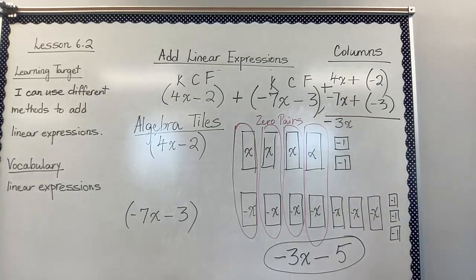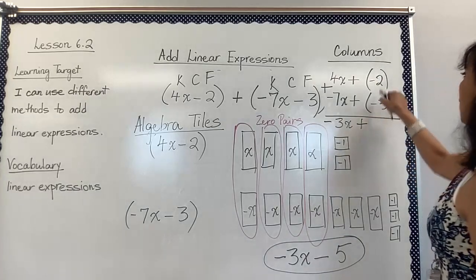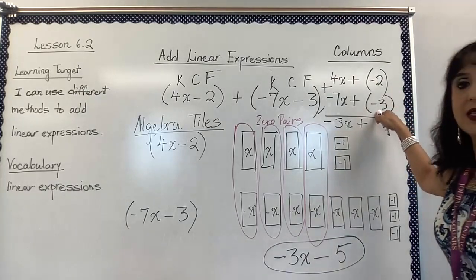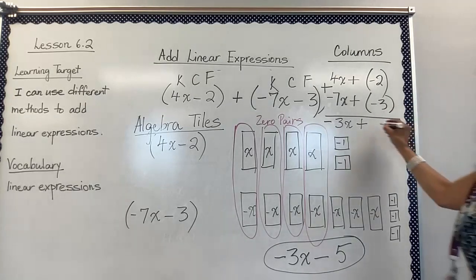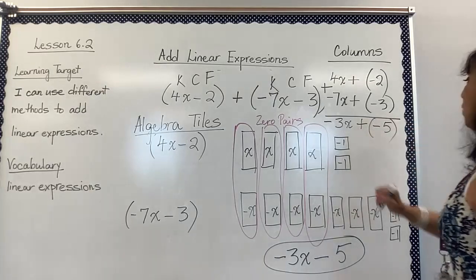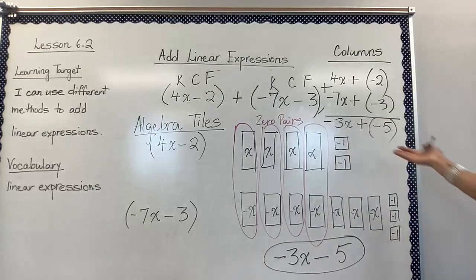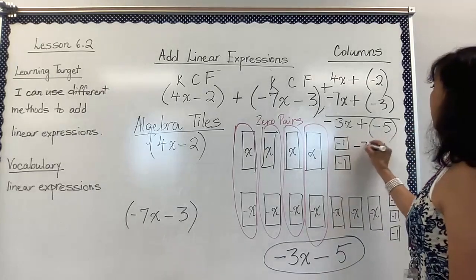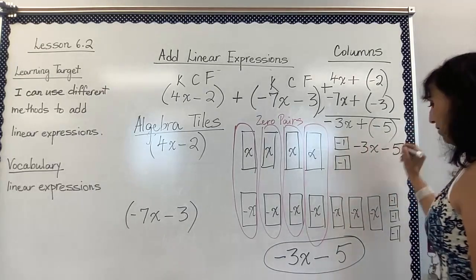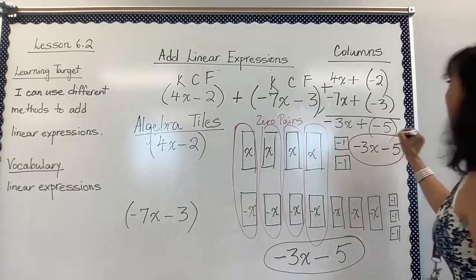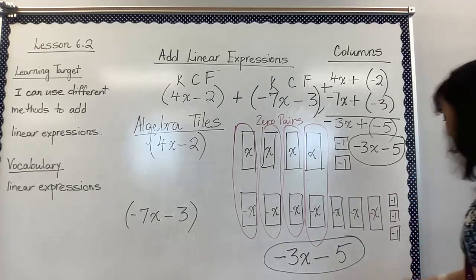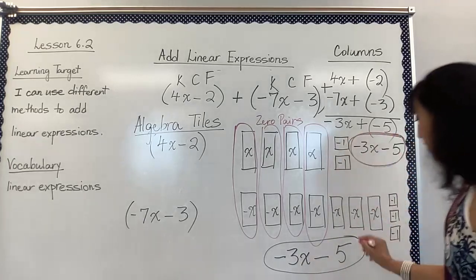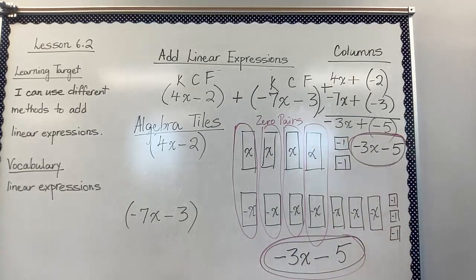And then I have plus, since both negative 2 and negative 3 are the same sign, we are going to add them, and that becomes negative 5. So this is the same thing as negative 3x minus 5. Whether I do it in columns method or use algebra tiles, the answer is exactly the same. So both the methods are perfectly correct.